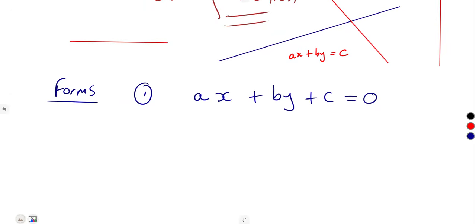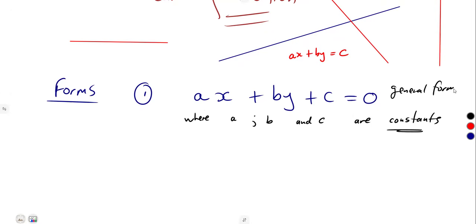What is important is that the highest exponent on x is 1, and also on y it is 1, where a, b, and c are constants. It's a format that represents a straight line. This is basically the general form.